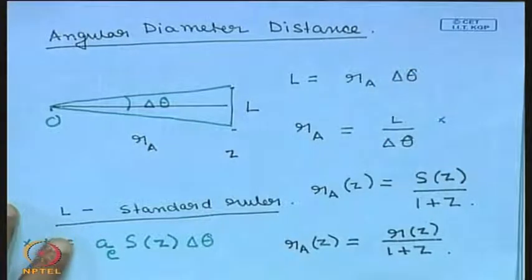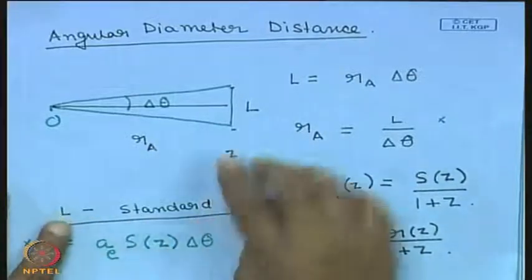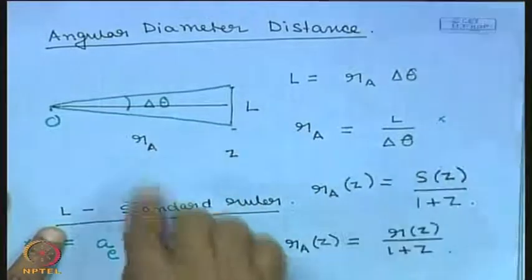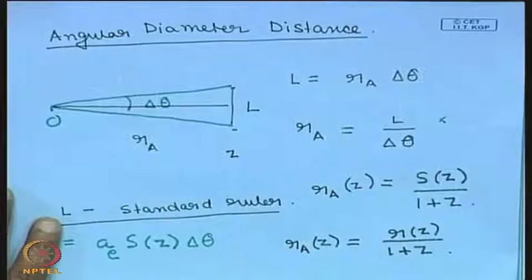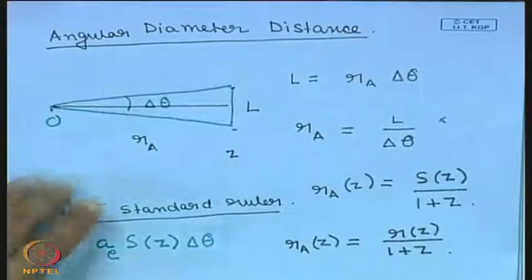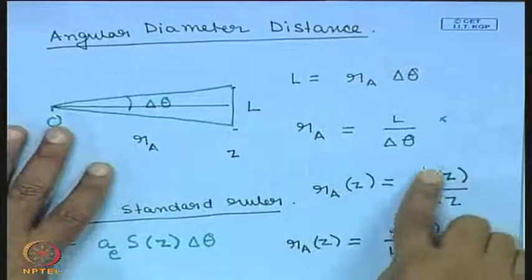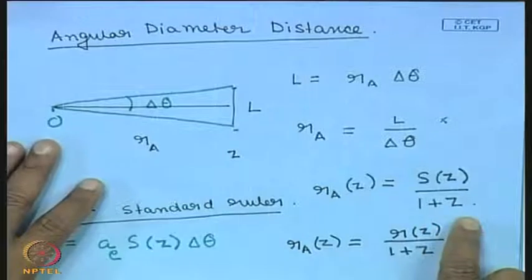Okay. And there are certain things called standard rulers for which we have some idea of what the proper size is, and the angle can be measured. This is where the angular diameter distance is particularly relevant. Okay. And the angular diameter distance is defined as the ratio of S(z) to 1 plus z.